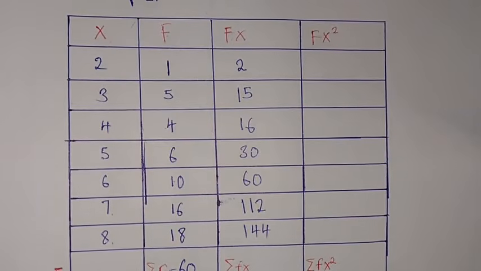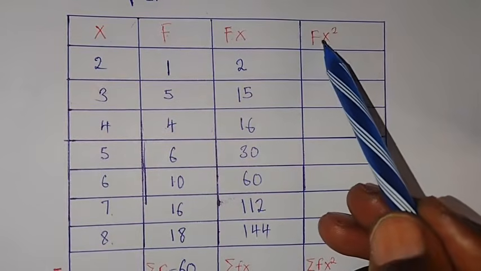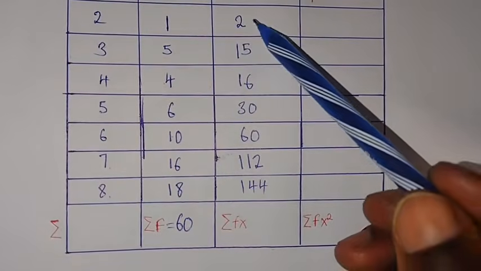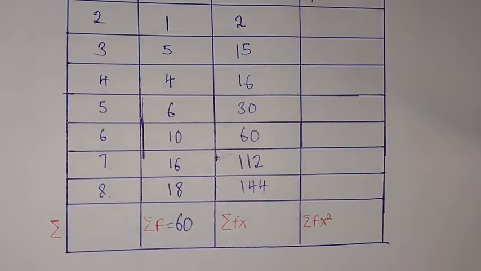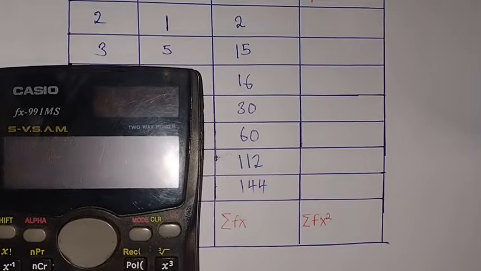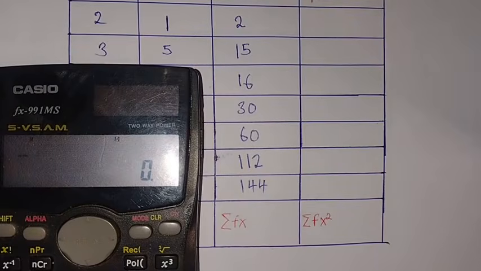So we come here, you can see we have fx squared, or before we go to fx squared, we can find the sum of these values. So we just need to get a calculator.